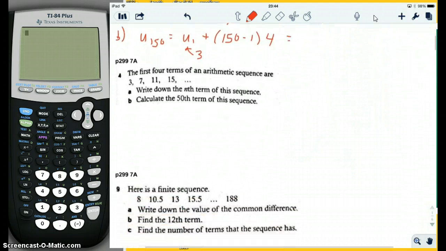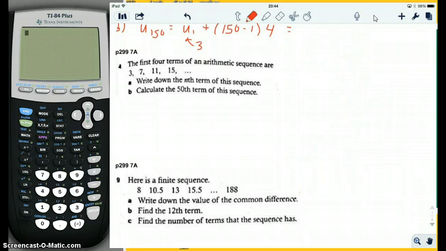Okay? The first four terms of an arithmetic sequence are 3, 7, 11, 15. Write down the nth term of this sequence. Okay, it's not asking you for a specific term, it's asking for the nth term. So all you need to do is write the equation.